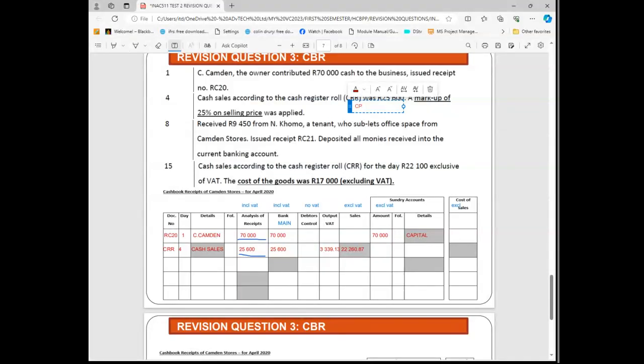No. Okay, let's go to MP. MP is 25%. SP, do we know? SP is 100. So how much is the CP? 75. Can you see? So be careful with this thing of 100.